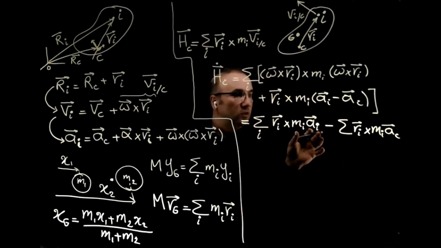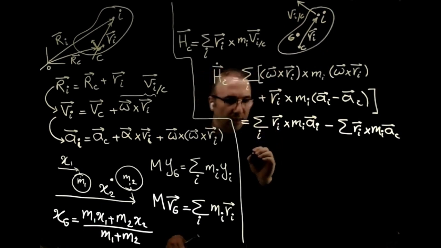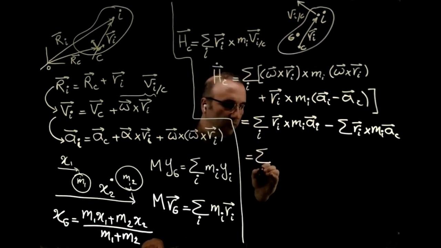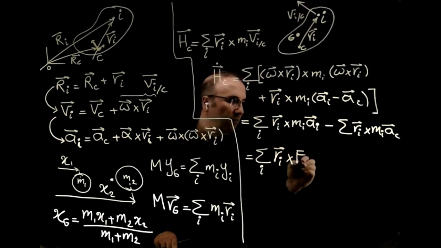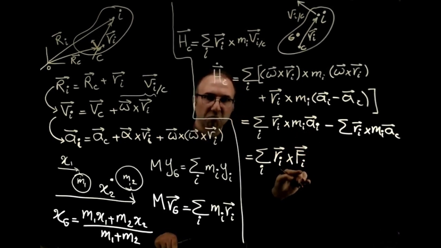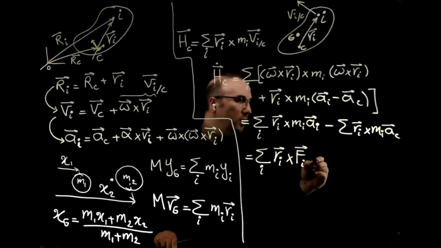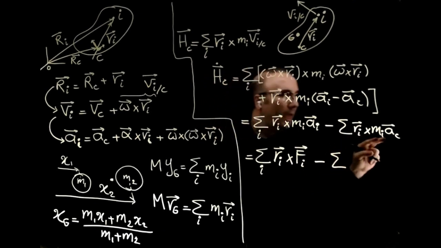And this, I can use Newton's second law and write it as all the forces applied on that i. So I can write this as sigma i of Ri cross Fi, since Mi Ai becomes the total force at i, minus, now I have Ri Mi. This is a number, right?